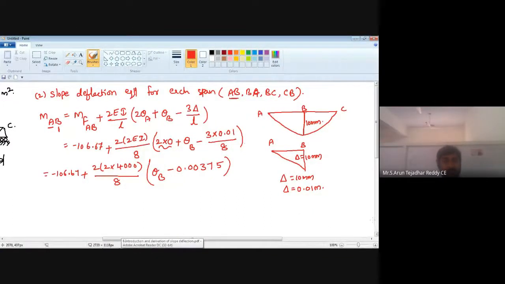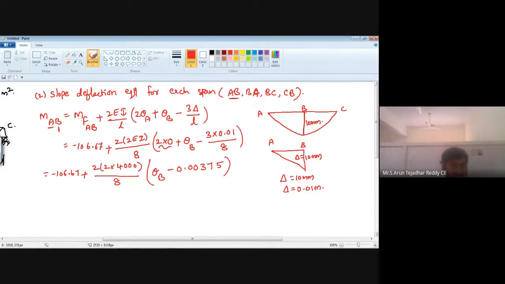So here the second step is slope deflection equation for each span, that is AB, BA, BC, CB. In that, first take MAB. Already you know the formula for slope deflection equation.